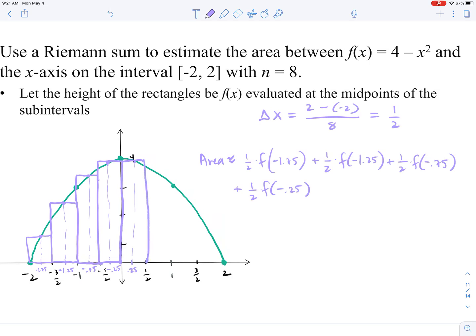Halfway between 0 and 1/2 would be 0.25. You can see it looks like we're making a little pyramid. So the area of that fifth rectangle would be 1/2 times f of 0.25, or f of 1/4. And then halfway between 1/2 and 1 would be 3/4, or 0.75. So the area of the sixth rectangle is 1/2 times f of 0.75.